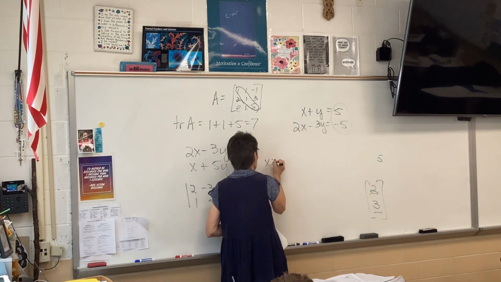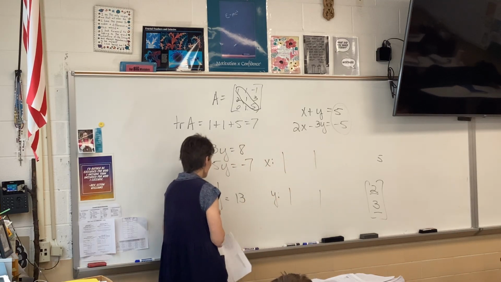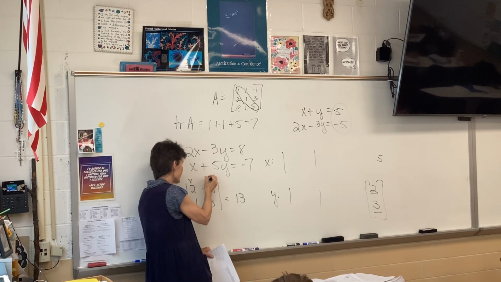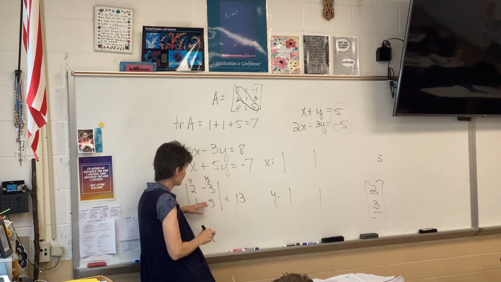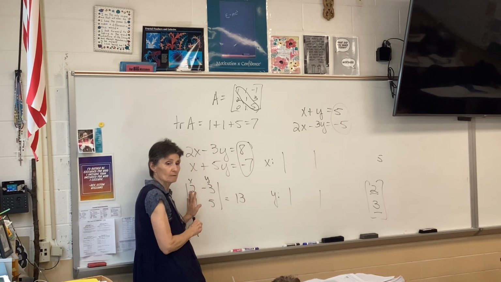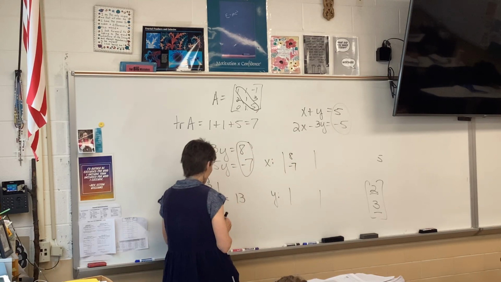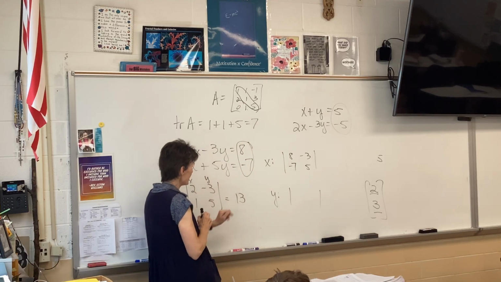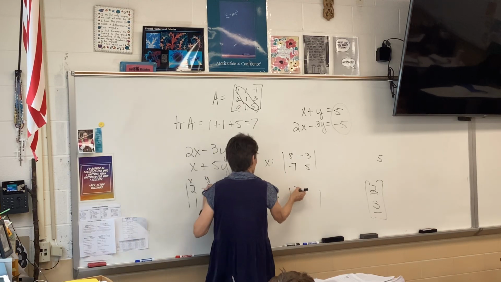Now I need 2 more determinants, and they're gonna look just like this one. These are the x's, these are the y's. Except when I'm solving for x, I plug those in for x. So 8, negative 7. My y's stay the same. And when I'm solving for y, I plug those in for y.